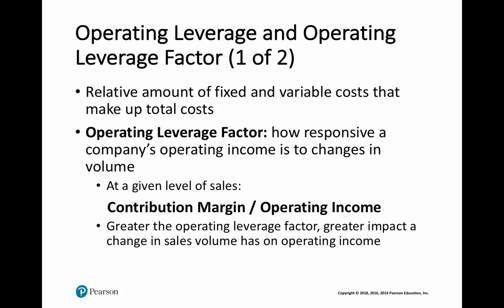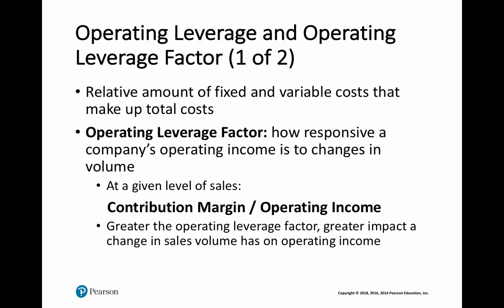To illustrate that, let's say company A has an operating leverage of 2. If its sales increase by 10%, we multiply that operating leverage of 2 by that 10% change in revenue.